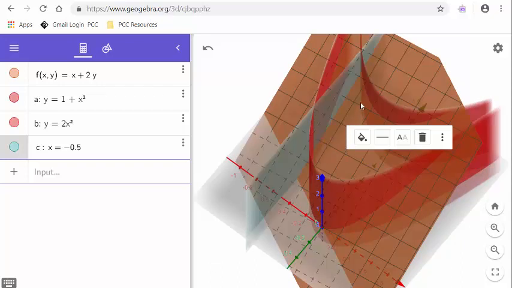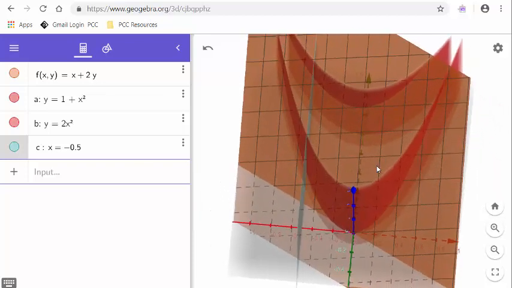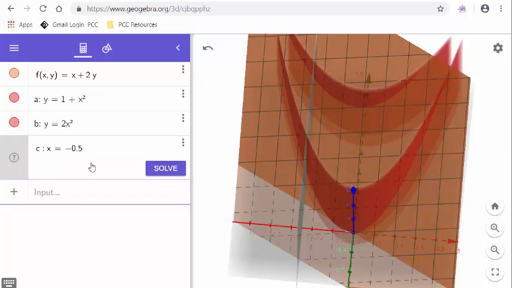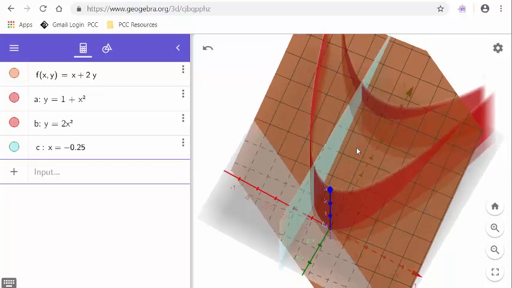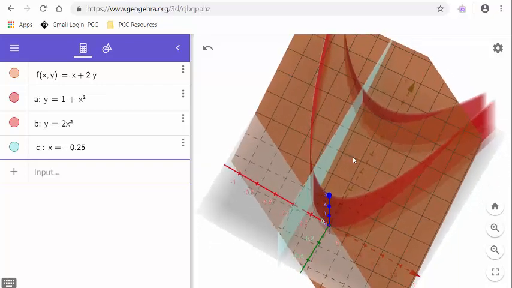So we get this area here, and then as we let x vary, we'll get all the areas. So say x is -0.25, then we get the area of this region between the two parabolas and the xy plane and the x plus 2y equals z function, and then we would do that across all of these.